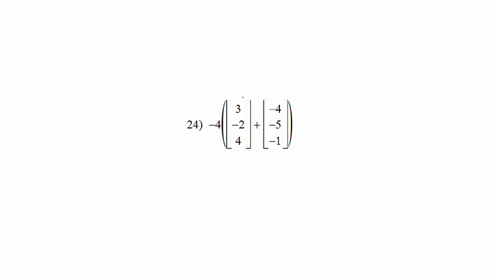On 24, we have parentheses again, so we want to add these together first. And we technically don't have to add them together first. The negative 4 on the outside, we just need to make sure that we know it would have to distribute to everything inside the parentheses. So I think it's easier to add them together first, and then to distribute this negative 4, so that we get positive 4, positive 28, and negative 12.